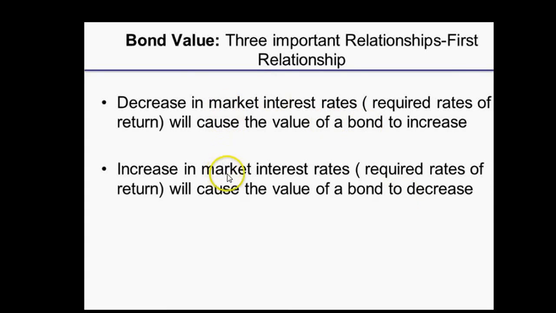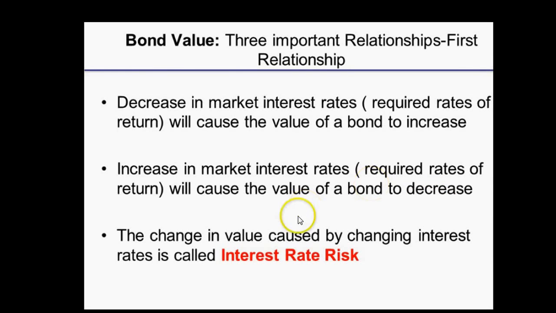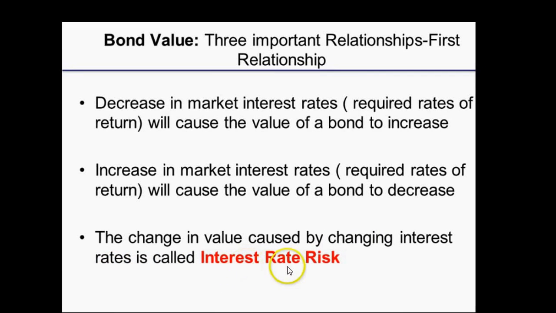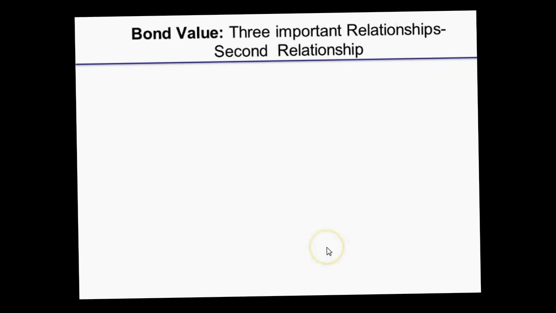So the increase in the market interest rates will naturally cause the value of a bond to decrease to less than its face value. Now, the change in the value of a bond or the price of a bond, which is caused by change in the market interest rates, is called interest rate risk.